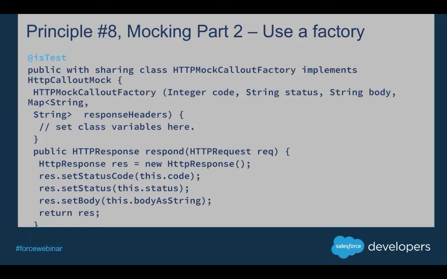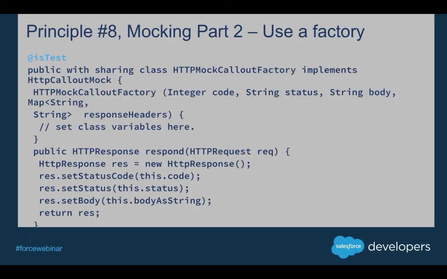So once that's done, we've got this method that we have to put in there for the interface called respond. It's going to take a request. That request is the request we call out with. And then we're going to create a new response. We're going to set the status code, the status, and the body to the bits of code that we passed into our constructor.